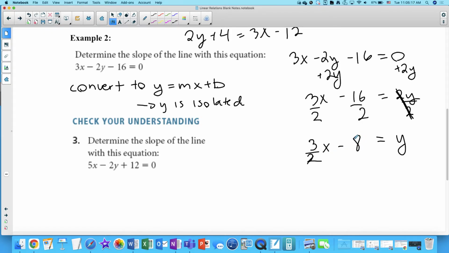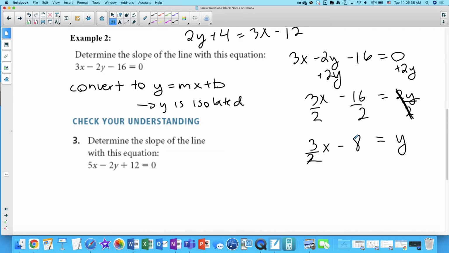Okay, and then we actually know what the y-intercept is as well. So then if you switch it around to y equals 3 over 2x, would it still be minus 8? Yep, because in an equation, because the two sides are equal, you can swap sides of the equal sign and they'll still be equal to one another.